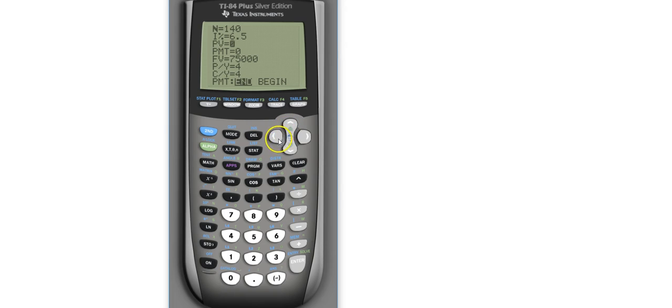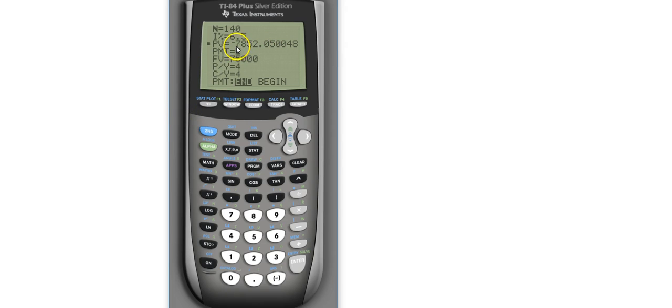Then I'll make sure that it is highlighted on the end. After entering all these values, I go to present value because we are trying to find the initial amount, or the present value. Highlight that 0 and go to alpha. I hit that alpha here, that's A, and hit enter. See, it's giving me the result negative 7852.05, the same answer that we have.